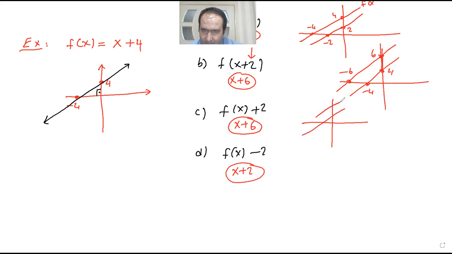To the left, to the right, positive 6, minus 6, minus 4, 4, and down.